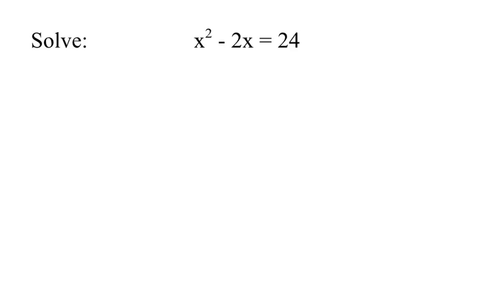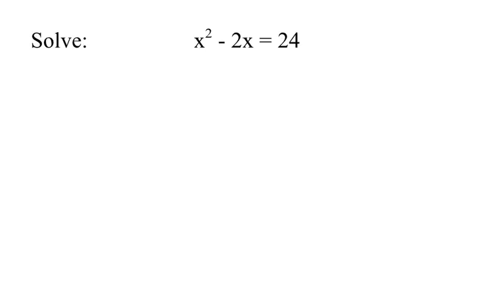All right, so here's our first example. X squared minus 2x equals 24, and we're being asked to solve, so we're solving for x, the variable. Now, we know this is a quadratic because we see that the leading coefficient, or the highest degree, is 2, so that's a quadratic. But we also need to recognize that it is not in that standard form, so we need to put it in standard form.